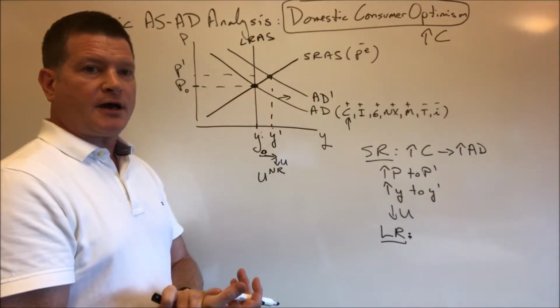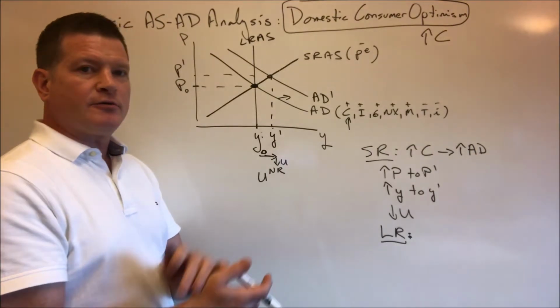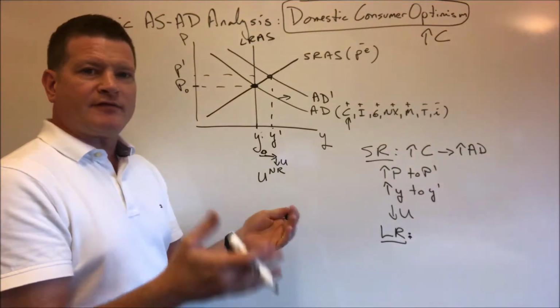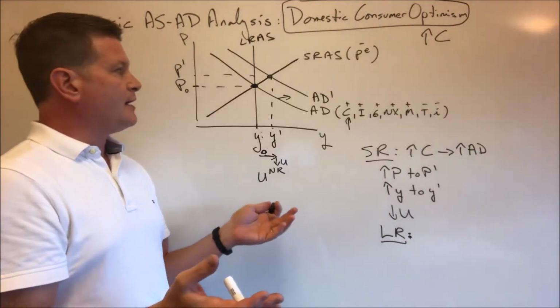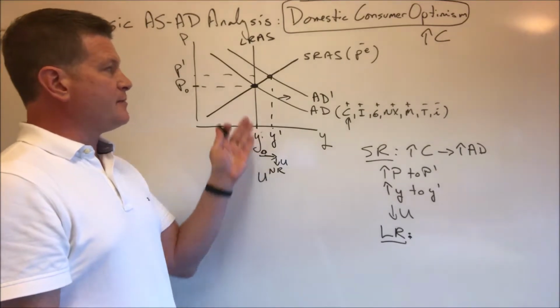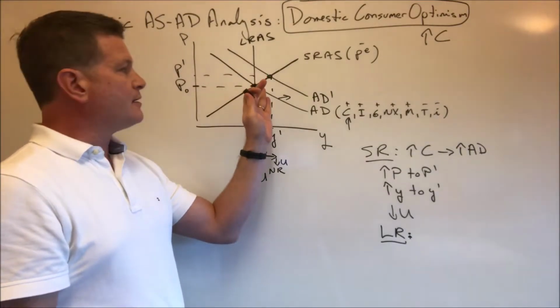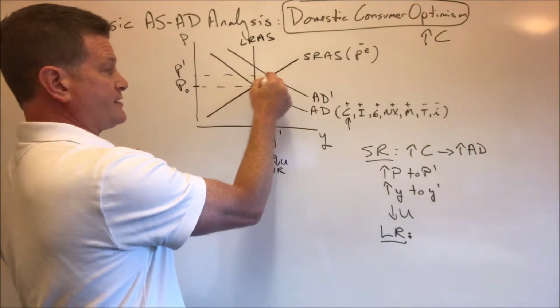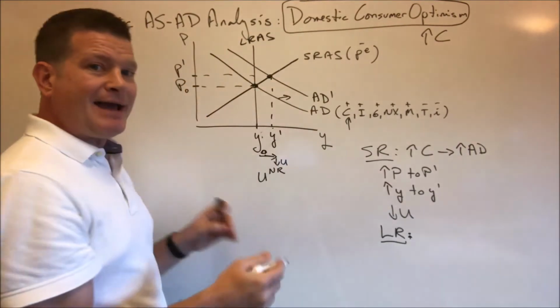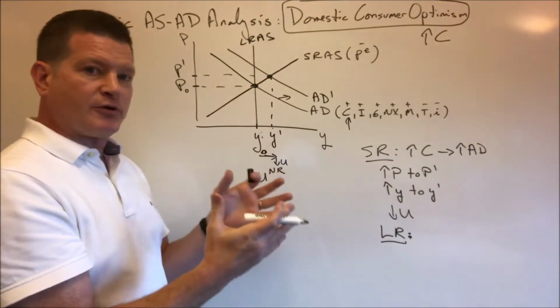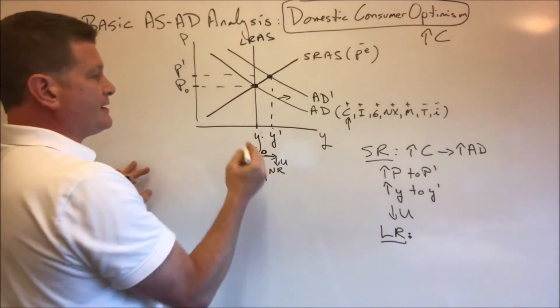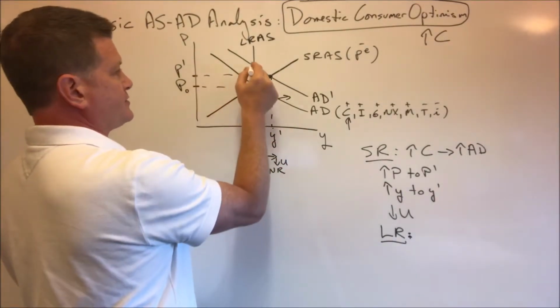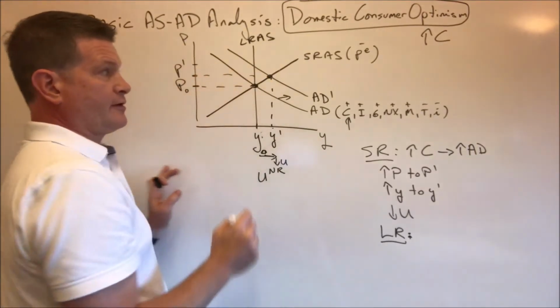Furthermore, in macroeconomics, we tend to assume in aggregate people behave in a fairly rational way. And so not only do they begin to expect that the price level is no longer going to be here, but is going to rise up to here, they actually begin to predict forward and say, hey, it's not only going to be here, it's actually going to rise further.